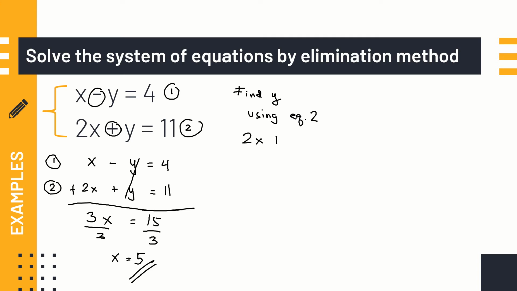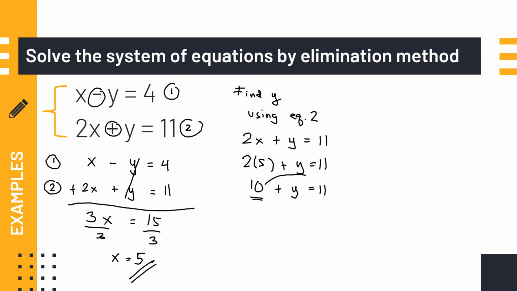So if we have 2x plus y equals 11, let's substitute the computed value for x, which is 5. 2 multiplied by 5 plus y equals 11. Then 2 times 5 is 10, plus y equals 11.